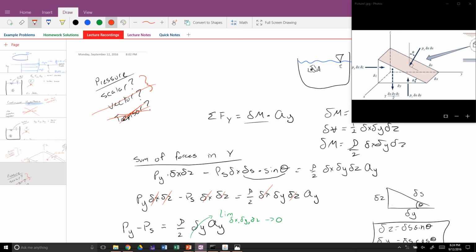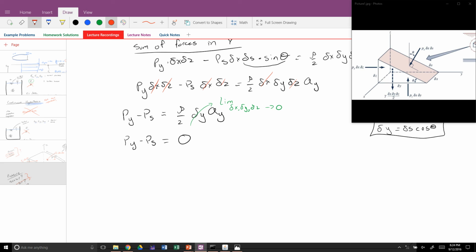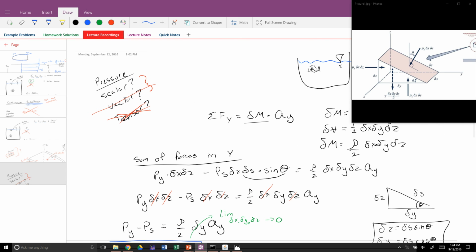But since we never made any assumptions about what this angle theta actually is, then that means Py minus PS equals 0 is valid for any angle theta from 0 degrees through 90 degrees to 180, 270, it doesn't matter. As long as this wedge becomes vanishingly small, that is, in the limit of its size approaching 0, then the pressure at that point will be the same, which means pressure is a scalar quantity.